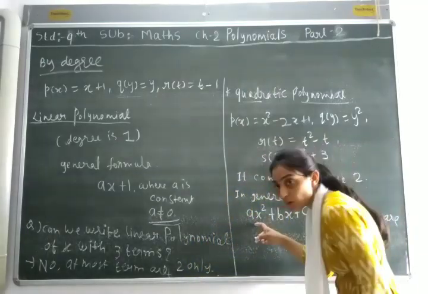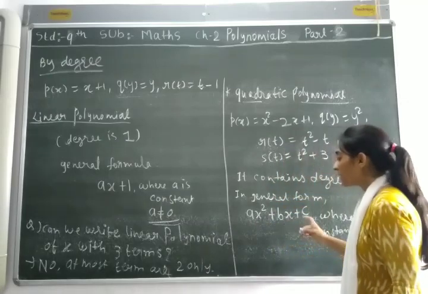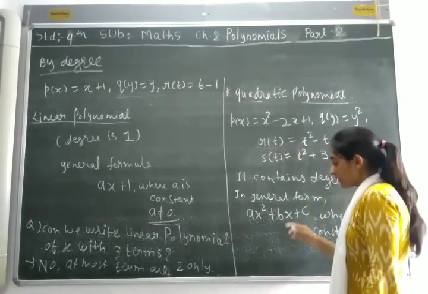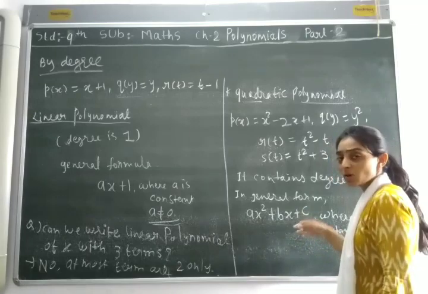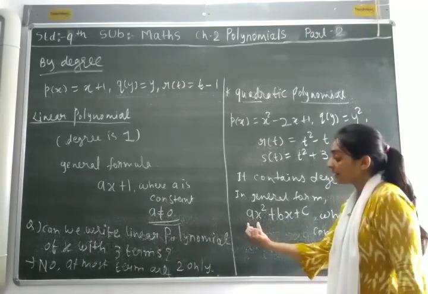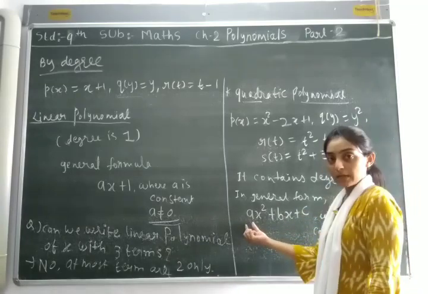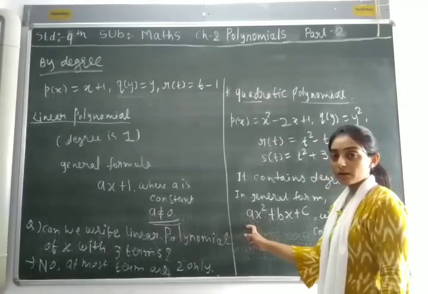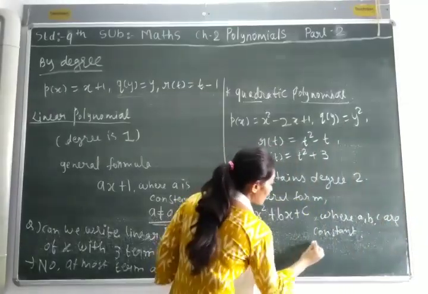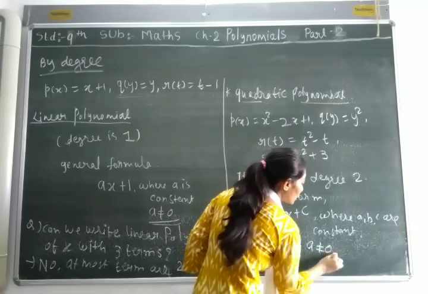My a should not equal 0. Whether b and c can be 0, if b and c are 0, it does not matter. I am getting here a, any number other than 0. So a cannot equal 0.